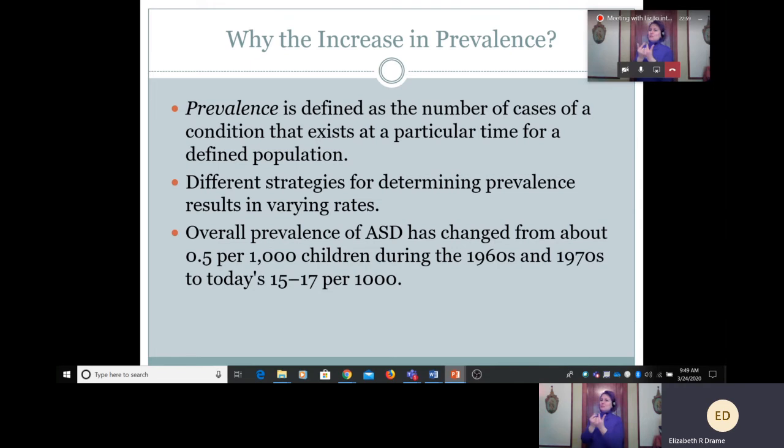But we do know that over time, the number of children identified with autism has increased significantly, from 0.5 children per 1,000 in the 60s and 70s to 15 to 17 children per 1,000. And it continues to increase.